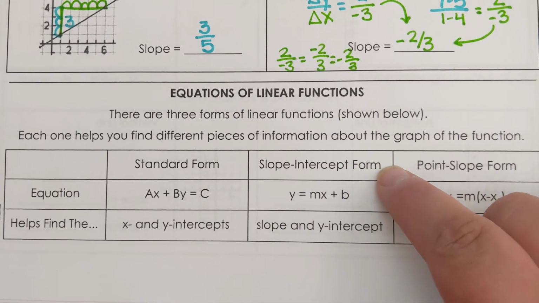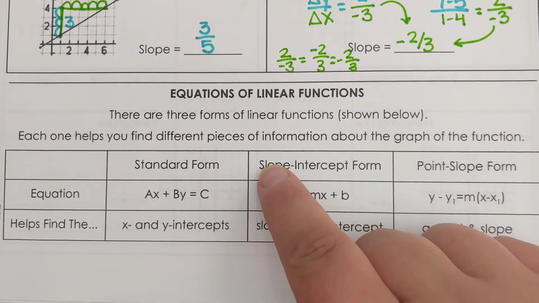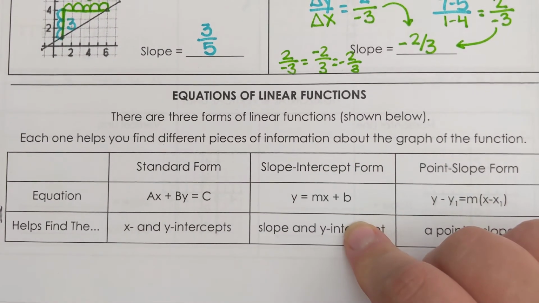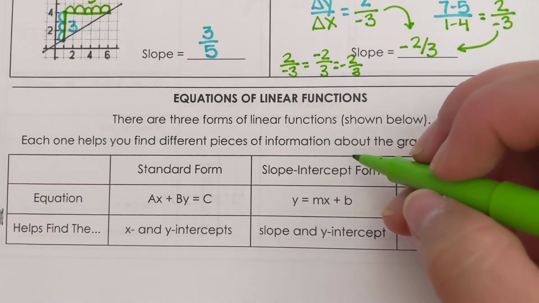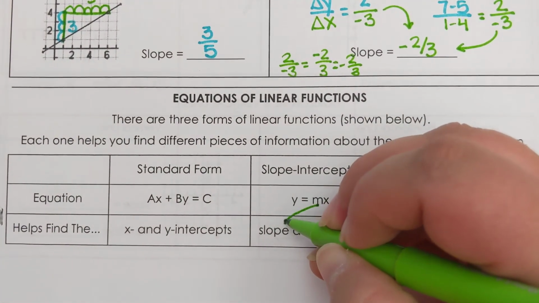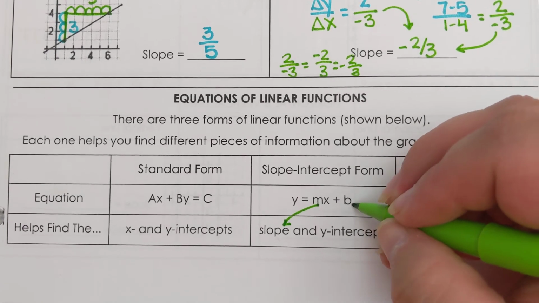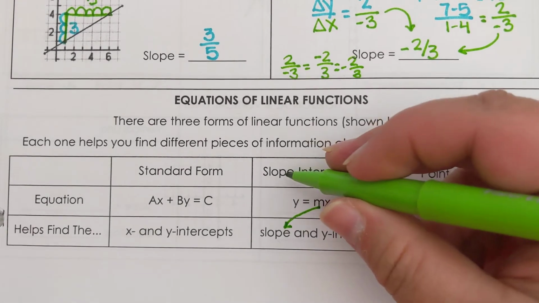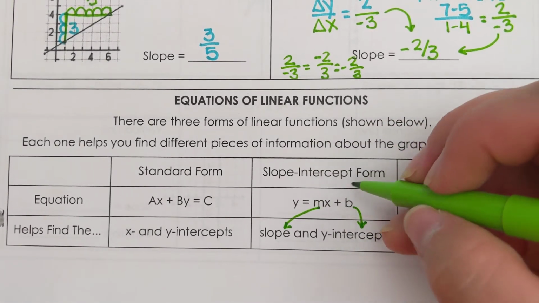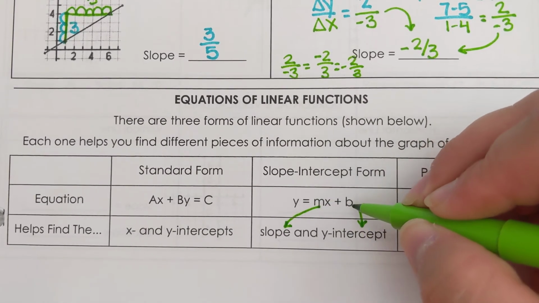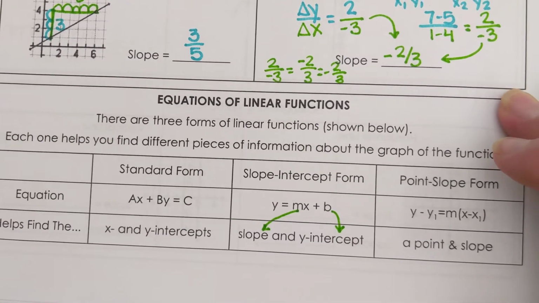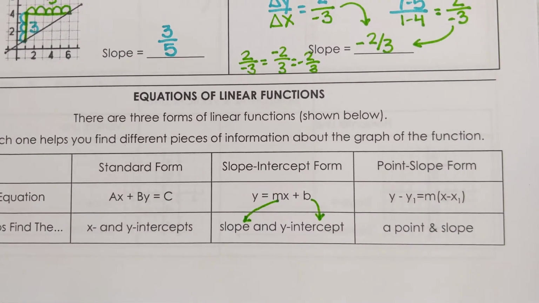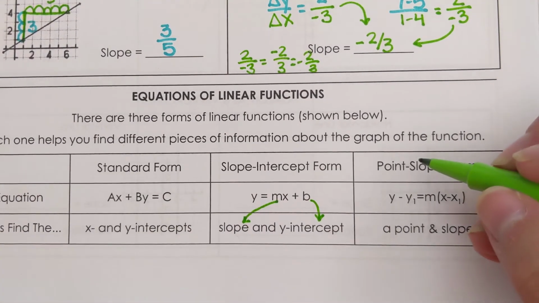The slope-intercept form, well, it helps you find the slope and the intercept, specifically the y-intercept, in that order. So slope is the m, and the intercept is b. So if you can remember slope-intercept form, that also is telling you that slope goes before intercept. Otherwise, it would be intercept-slope form, and it's not. Hopefully that sounds really weird to you because that's not what you've probably learned in the past.